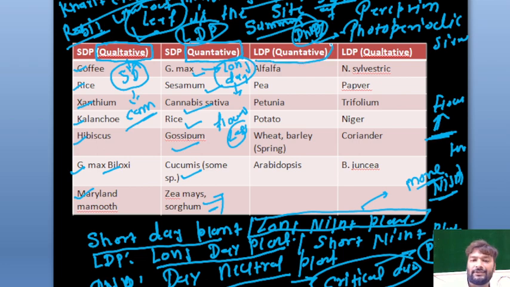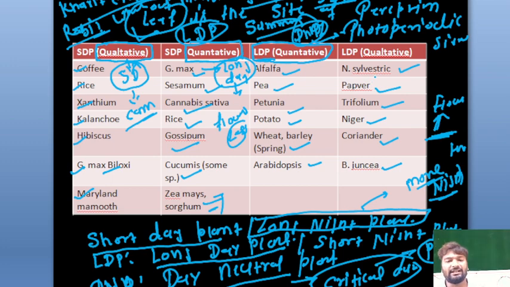Long day plants are also classified under two groups, quantitative and qualitative. Examples are alfalfa, pea, petunia, potato, wheat, barley, Arabidopsis. And qualitative: Nicotiana sylvestris, Papaver, Trifolium, Niger, coriander, Brassica juncea. So friends, these are examples of short day plants and long day plants.